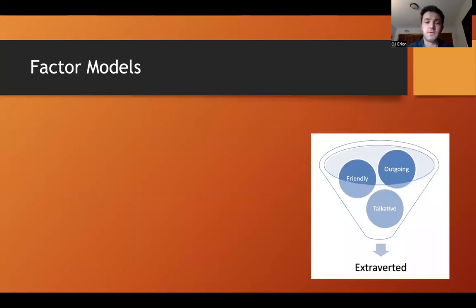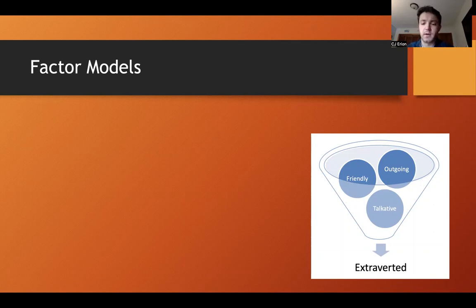So if you recall from the first video, we're talking about the nomothetic approach here, which is basically trying to classify or use the least amount of traits possible to efficiently classify personality and people, right?